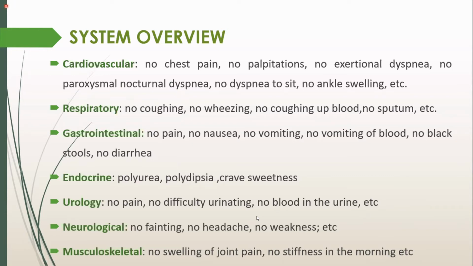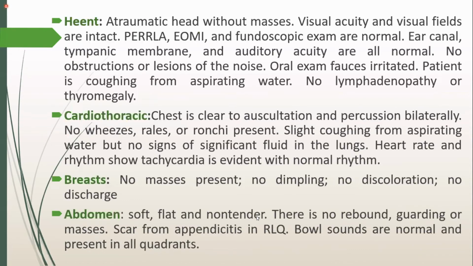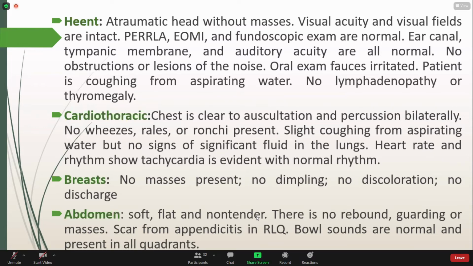On physical examination, she's fully awake and responsive, and she's a very thin patient with a BMI lower than 18 kilograms per meter squared. When I checked her that day, all her other signs were normal.